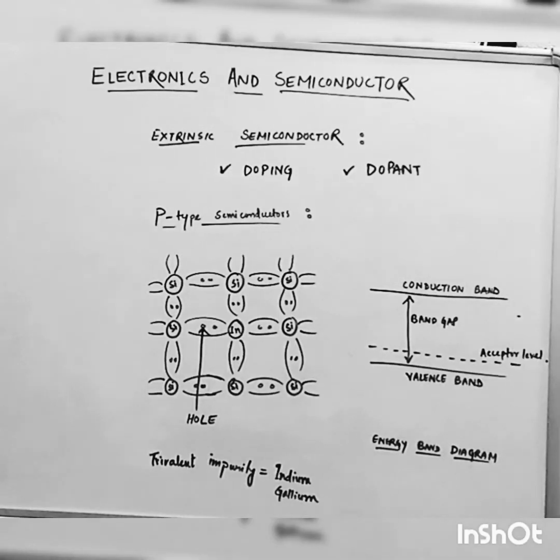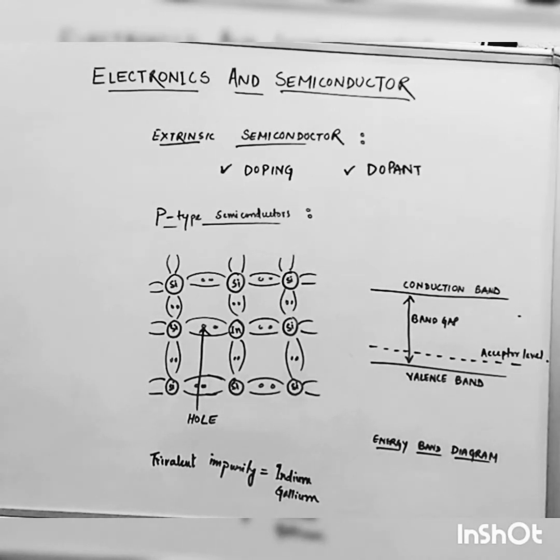So in case of N-type semiconductors, what we did is we added pentavalent impurities, pentavalent atoms to a semiconductor. So we added elements whose number of valence electrons is 5 to the semiconductors to get N-type semiconductors.